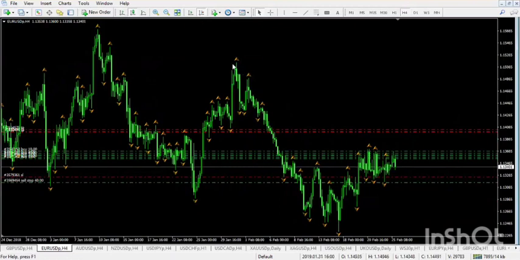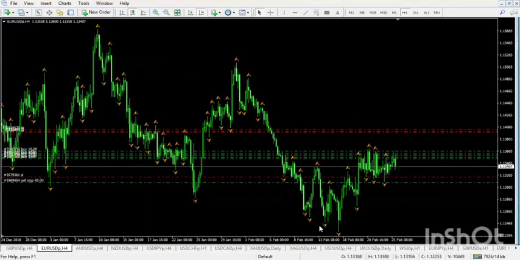You have to have a swing high at the top and a swing low at the bottom. So you have to have a minimum and a maximum. Your maximum is your swing high at the top and your minimum is your swing low at the bottom.